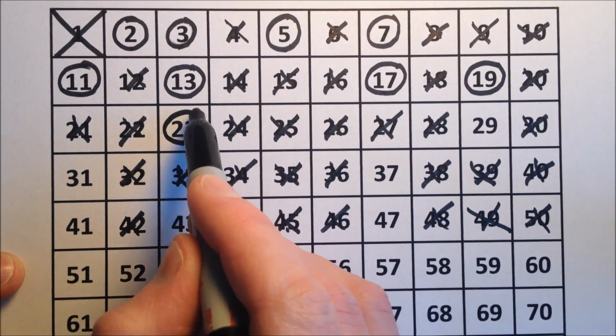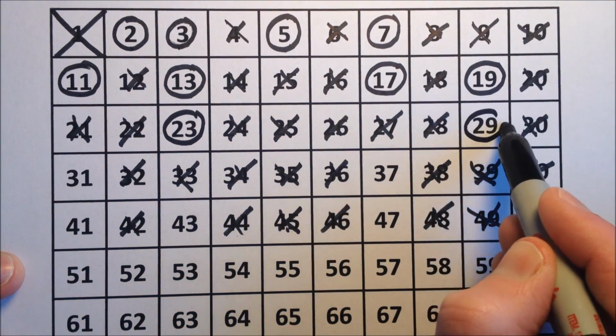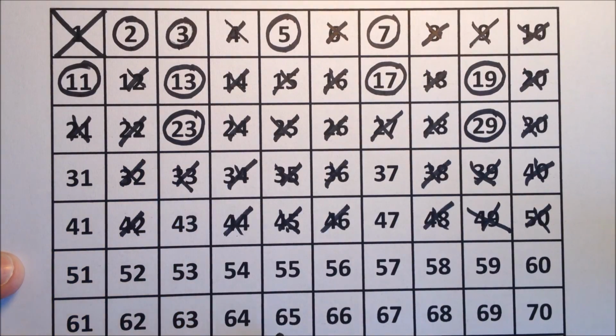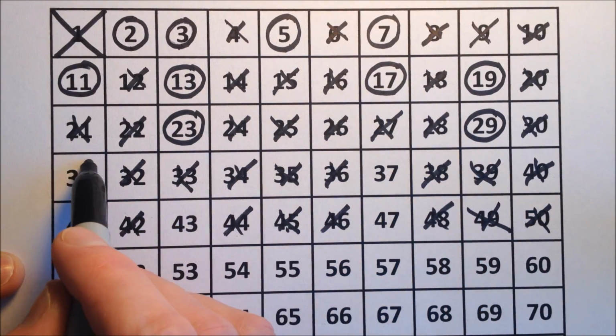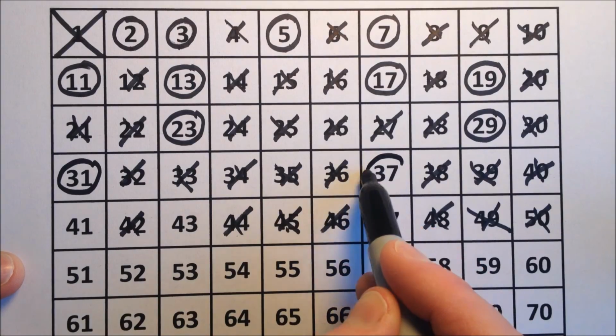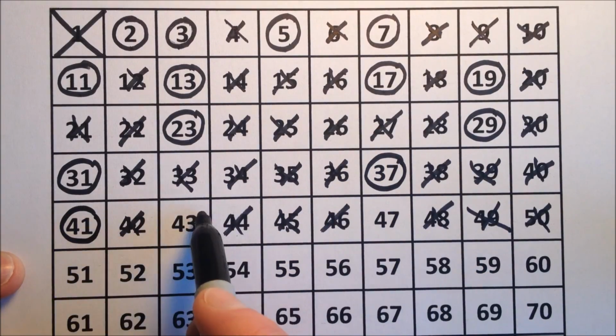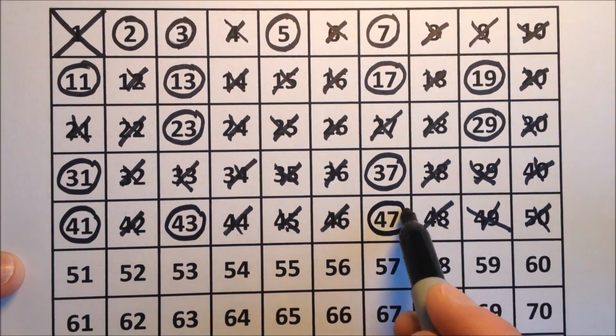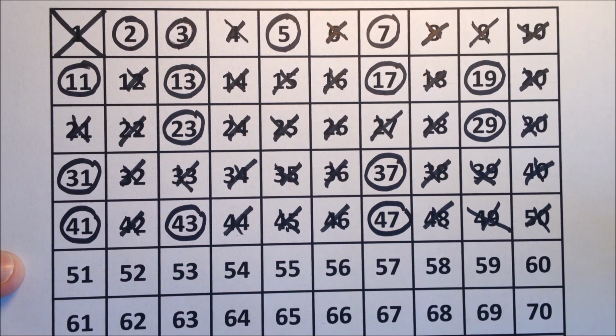So it looks like all the things that are left open here, because multiples of 23 are going to be past 50, and 29 is past 50. So everything else that we did not cross out, these are all prime numbers. So we have used the Sieve of Eratosthenes to find all the prime numbers less than 50.